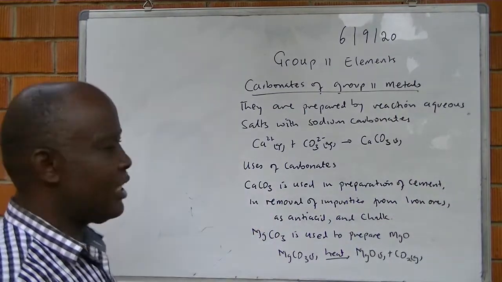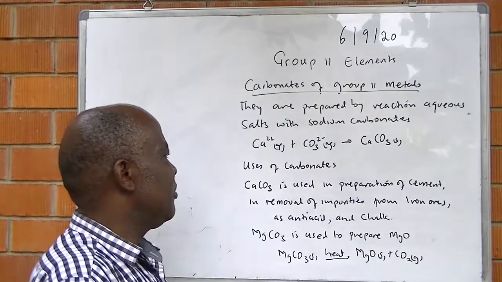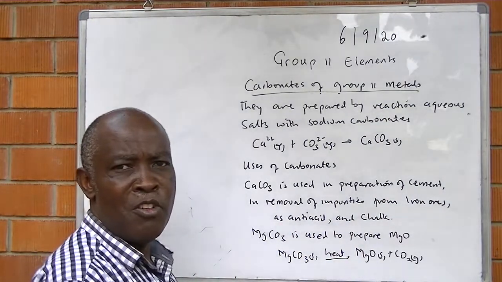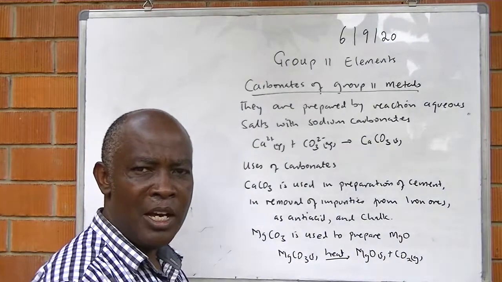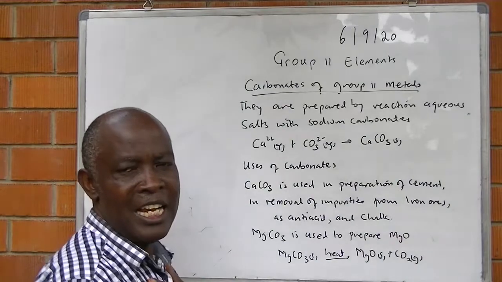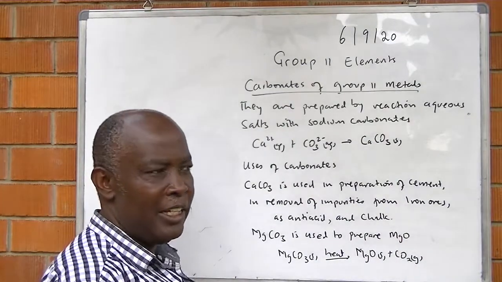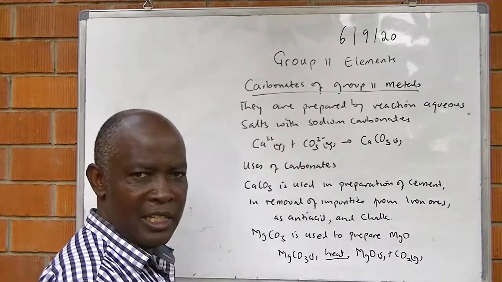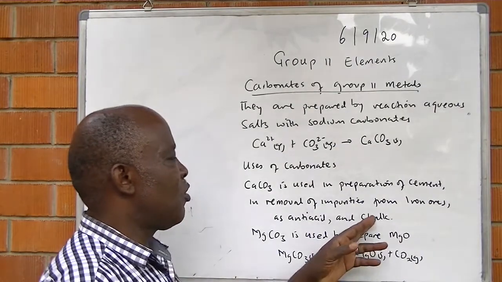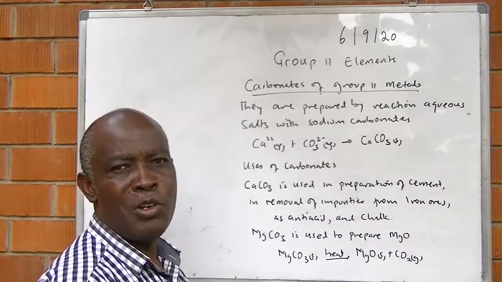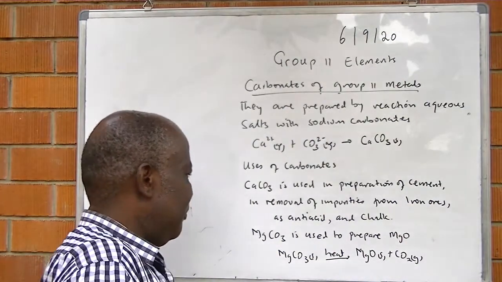Uses of carbonates: calcium carbonate is used in preparation of cement, the removal of impurities in iron ore during iron extraction. It can be used as an antacid when you have heartburn. It can also be used as chalk. We use chalk to write.